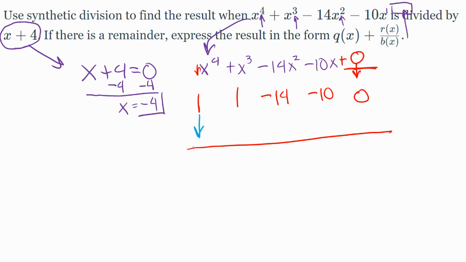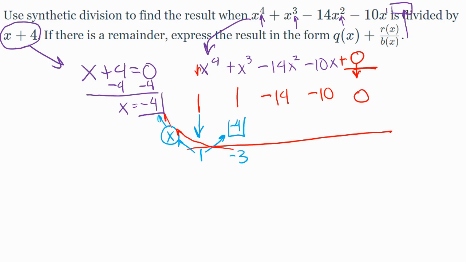You bring down a 1, and then we do the same algorithm. We multiply by the -4, bring the answer underneath the next constant coefficient here, which is going to be a -4. And so 1 times -4 gave me the -4, and then I add and get -3. And then continue the algorithmic process.